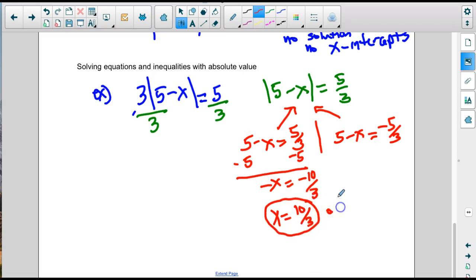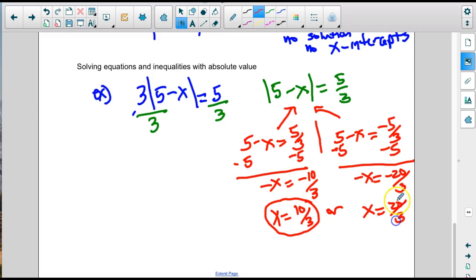On this one we subtract 5 again, but now we're subtracting from negative, so that's going to be negative 20/3 because we had 15 and 5, they're both negative. So we'd have this, and then we divide by -1, and we get 20/3 as our other answer.